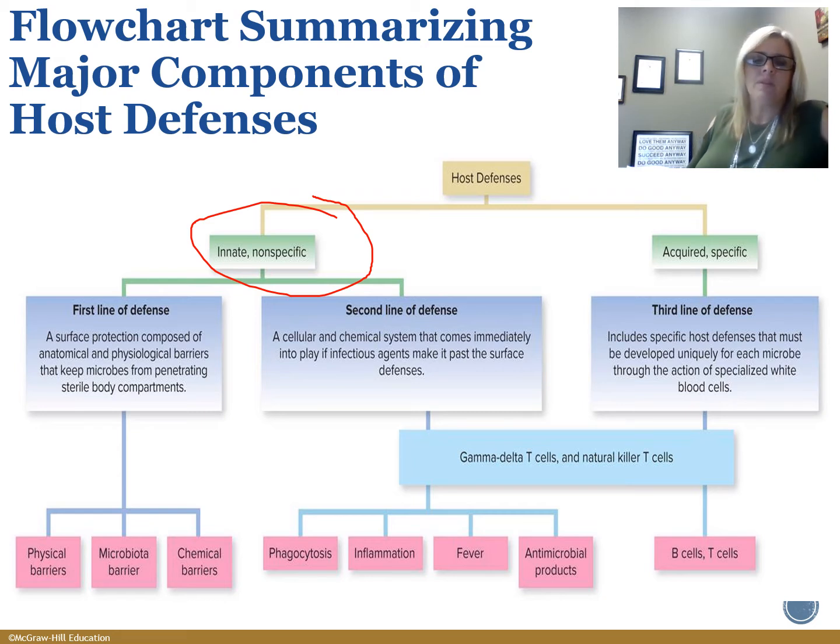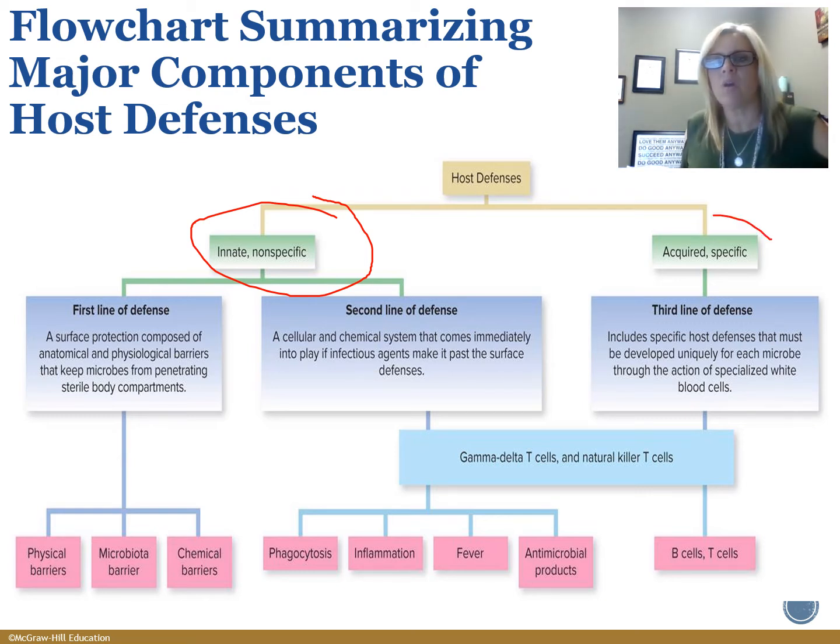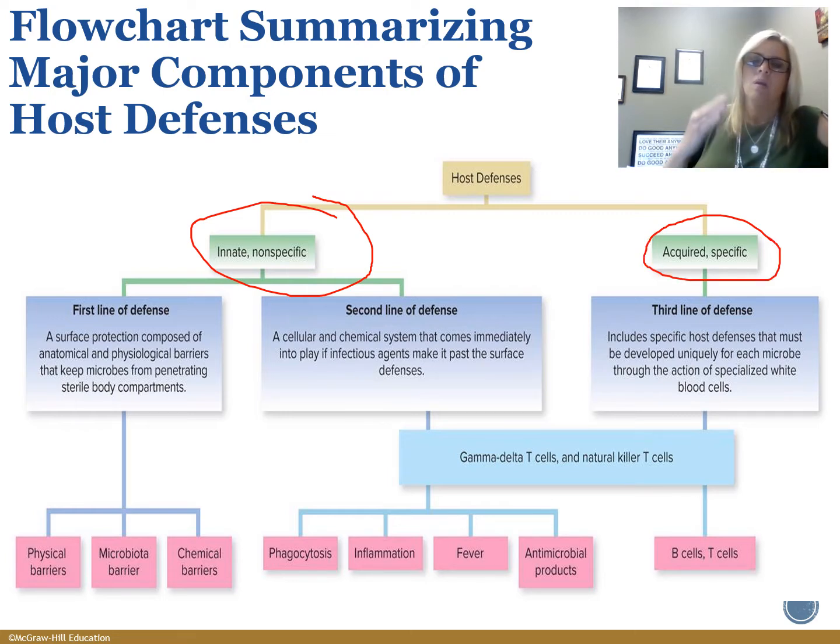Not what we normally think of, especially the first line of defense, not what we normally think of as our immune system, okay? And then we have our acquired or specific. This is where the things that we think of as our immune system lie, okay? And then we have some that lie in between the second and third line of defense.